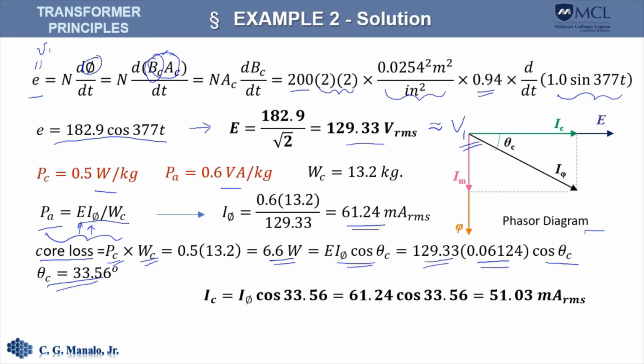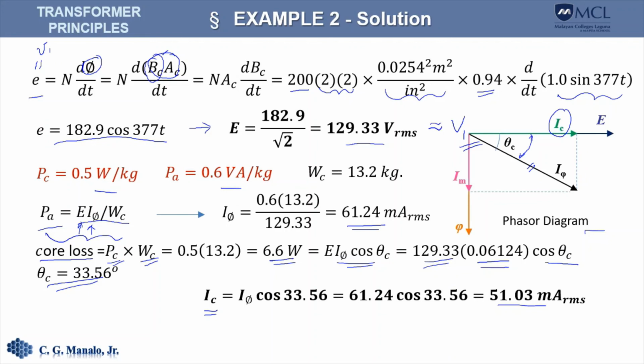From there, we can compute the core loss component of the exciting current because we already have the magnitude of the exciting current and the phase angle. So therefore, we can get this. So that will give us this much core component.